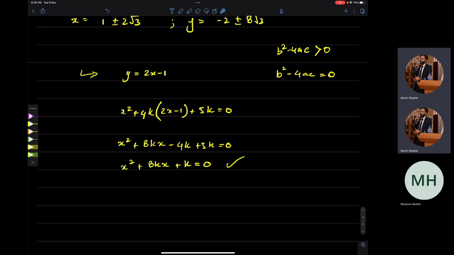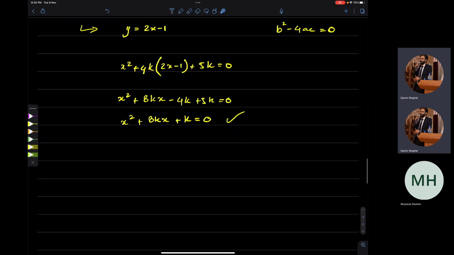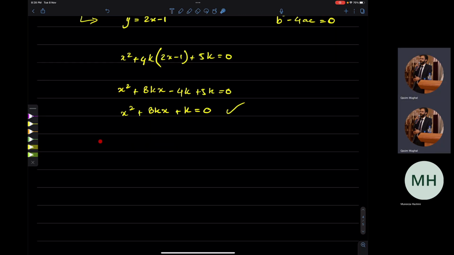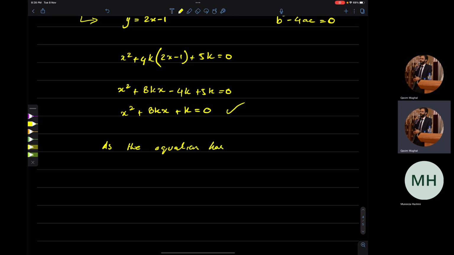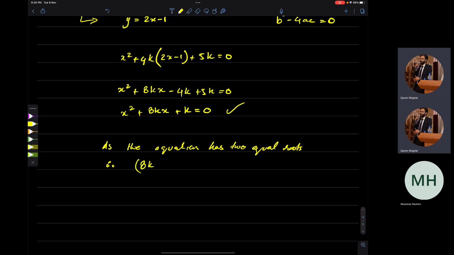Now, given that x squared plus 8kx plus k equals to 0 has equal roots, we need to find out the value of k. All right, so in order to do that, as the equation has two equal roots, therefore b squared minus 4ac is going to be exactly equals to 0. So that's going to leave us with 64k squared minus 4k equals to 0.